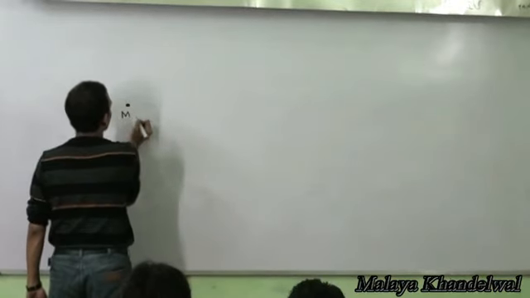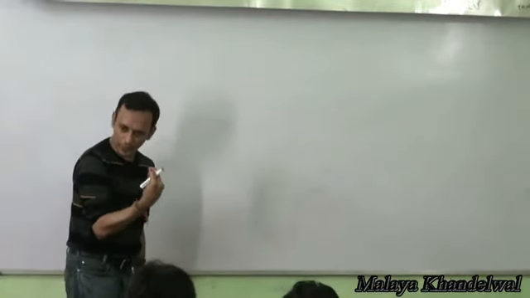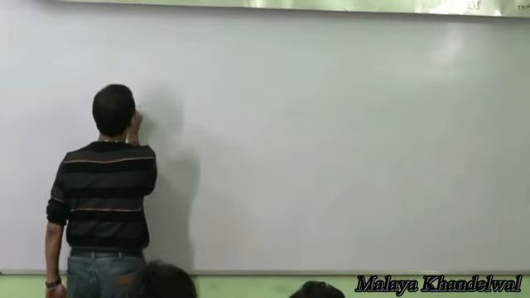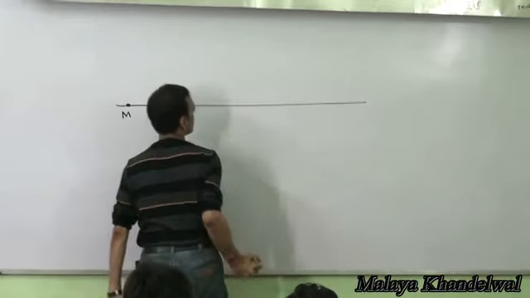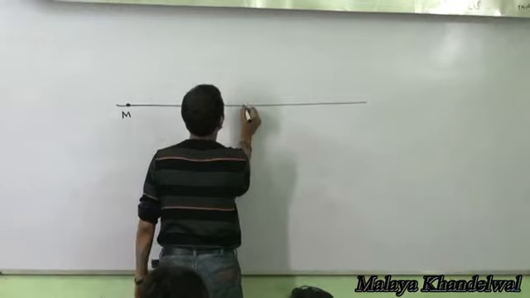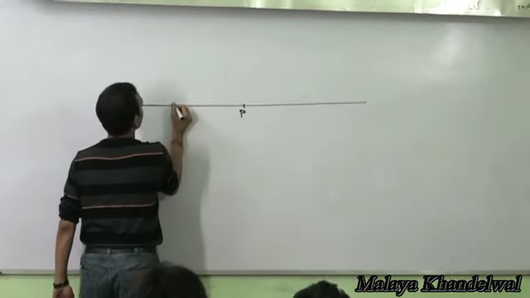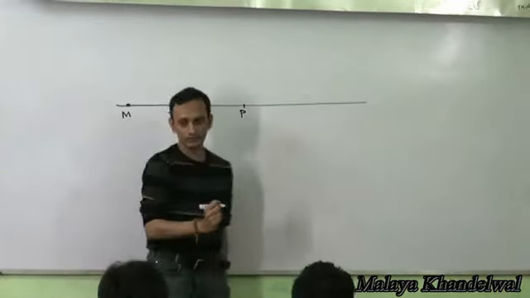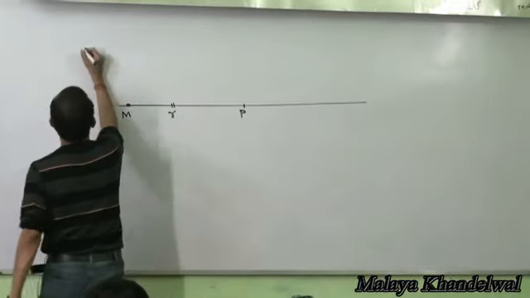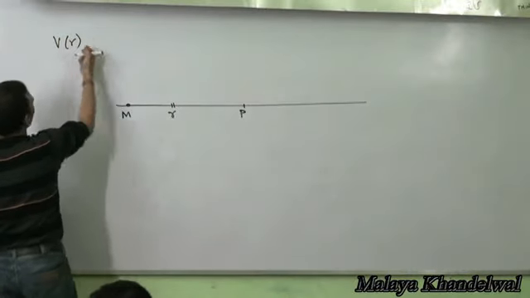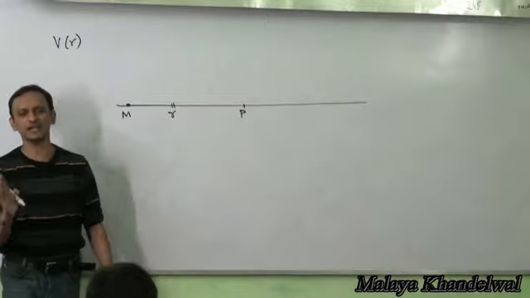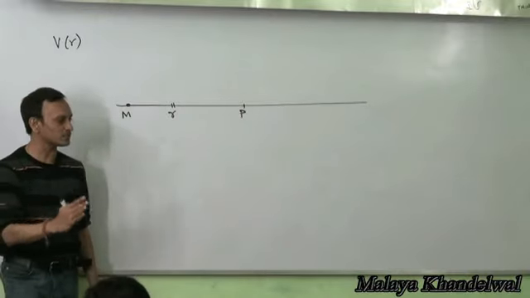Let's say there is a gravitational force field produced by a point mass capital M, and I want to be able to compute the potential at P. Potential at P I'll refer to as V(r), which is the potential energy of a unit test mass.